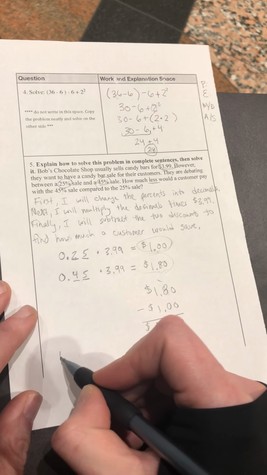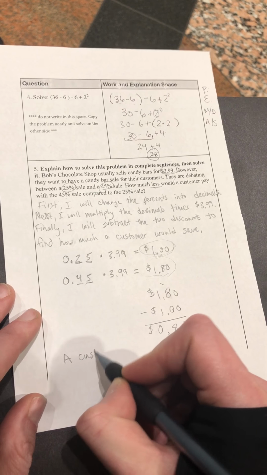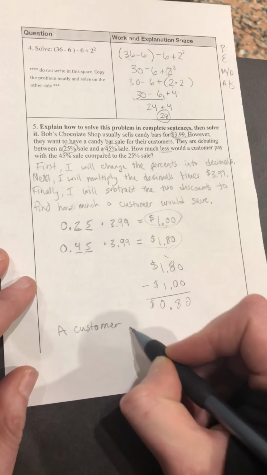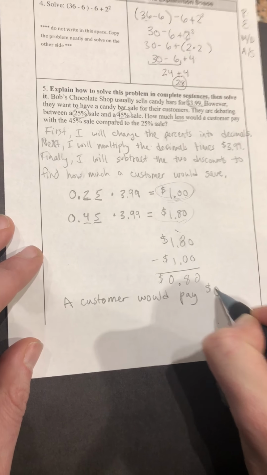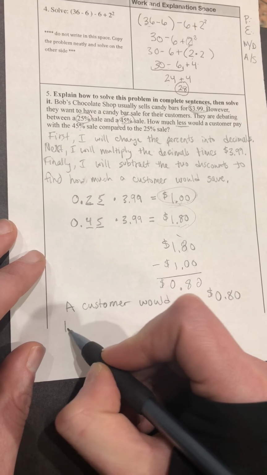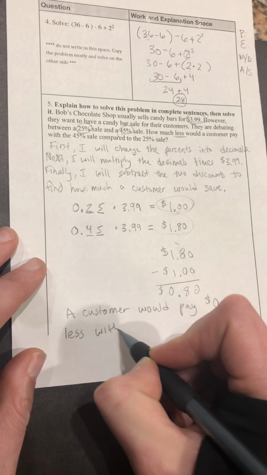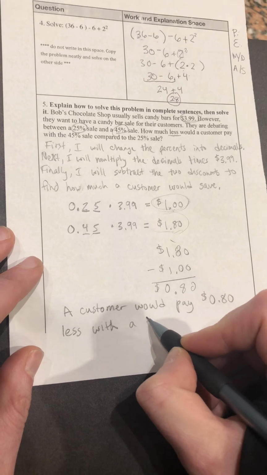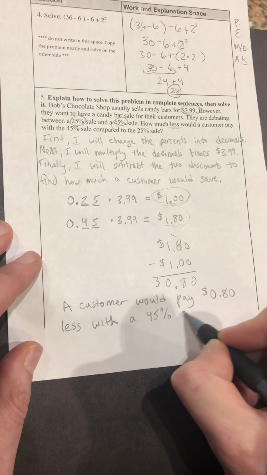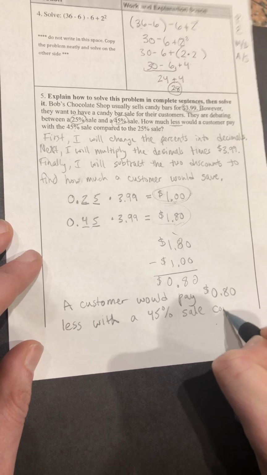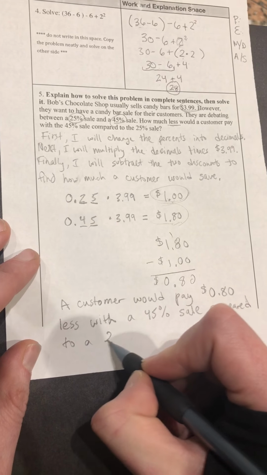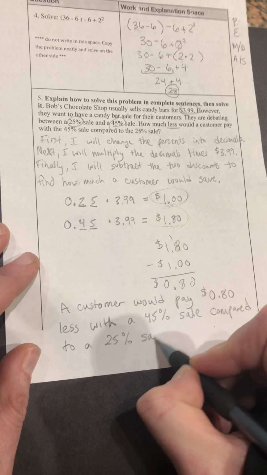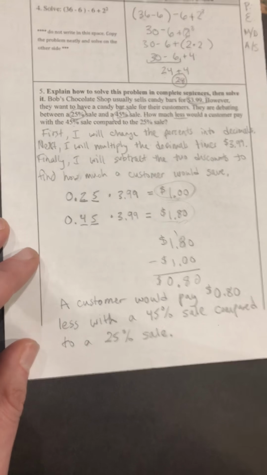We can say a customer would pay 80 cents less with a 45% sale compared to a 25% sale. And that is your final answer.